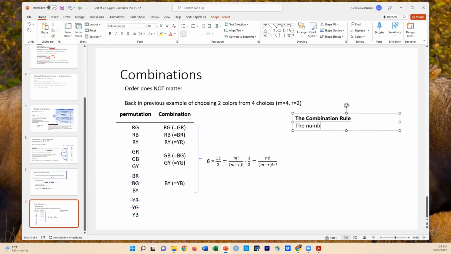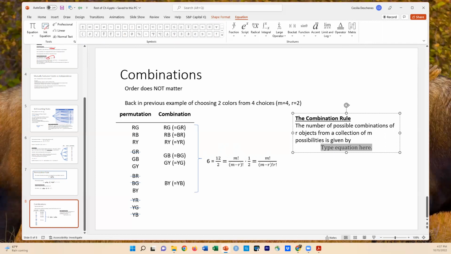It says that the number of possible combinations of r objects from a collection of m possibilities is given by this, m choose r.